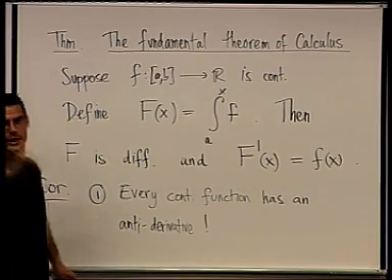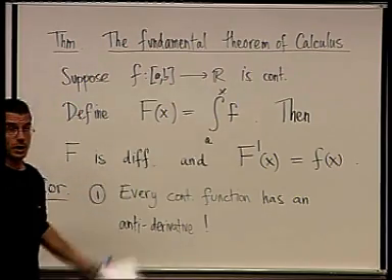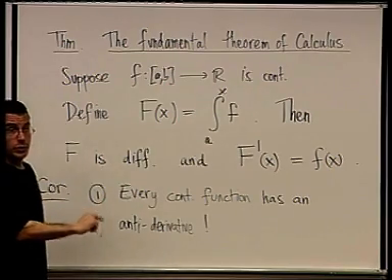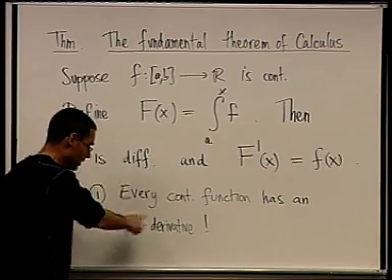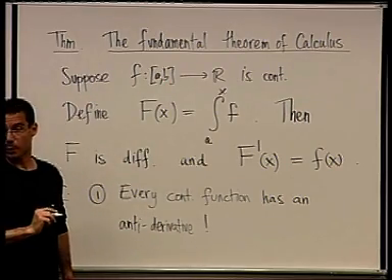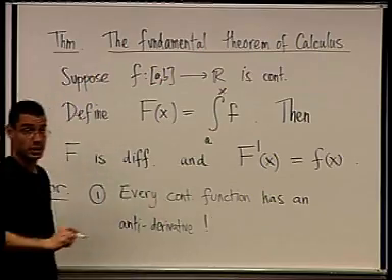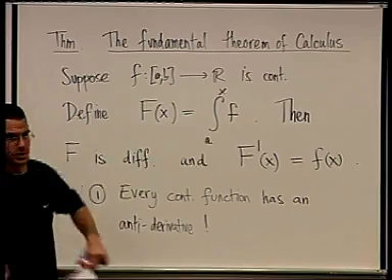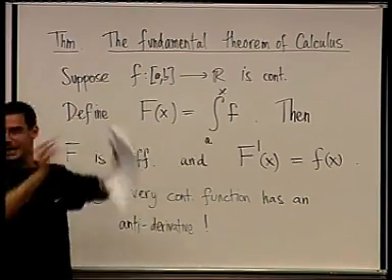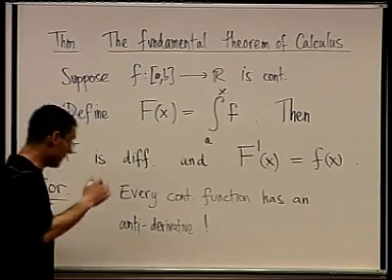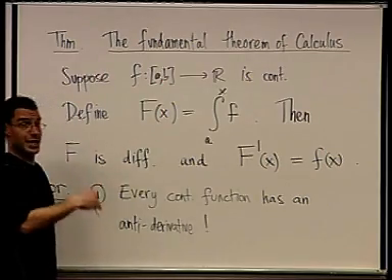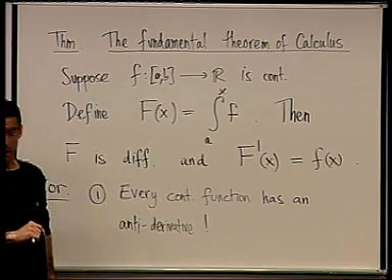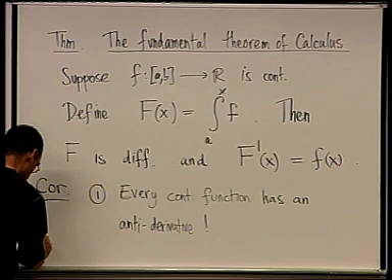Now we know that you draw a continuous function, even if it looks strange, it has an antiderivative. Not always do we know how to find the antiderivative explicitly. We mentioned that when we talked about antiderivatives. We know how to do integration by parts, and how to integrate rational functions, and how to do substitutions, and we know all kinds of magic tricks. But there are some functions which have antiderivatives, and we don't know how to find them. Okay? So let me remark that. Remark.